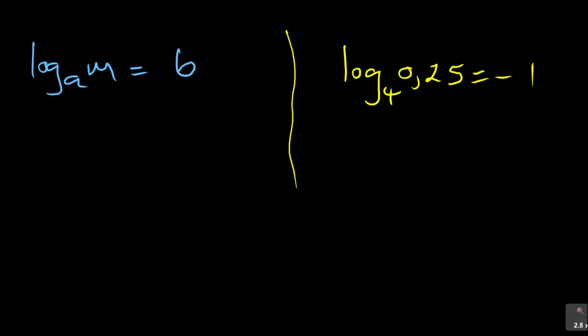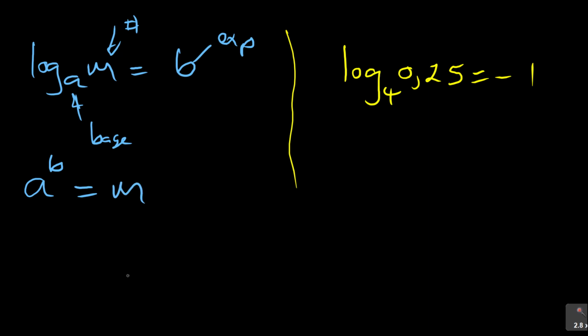Now what you need to know is this. This is the base, and then that will become the exponent, and this will become the number. Look at this, what am I saying? You're going to take a to the exponent b is equal to m. So what are we going to do with that one?